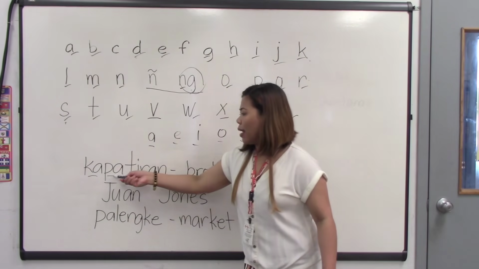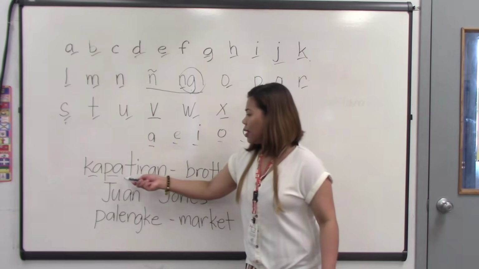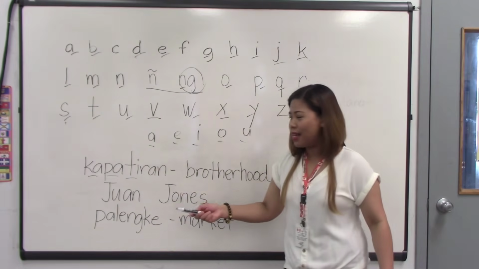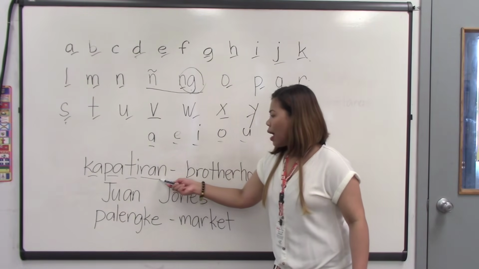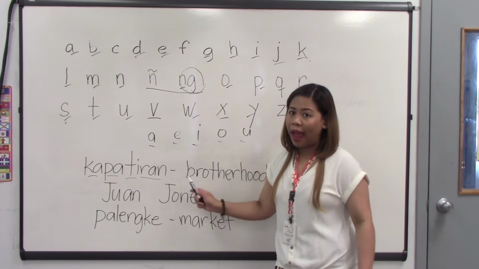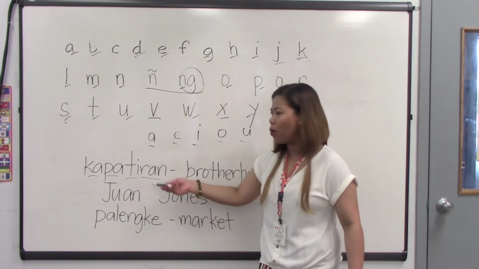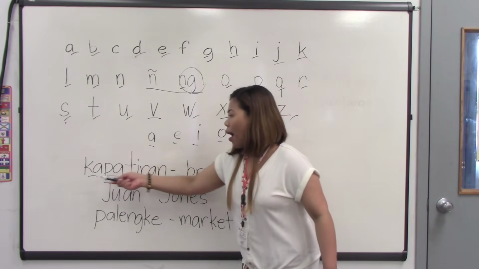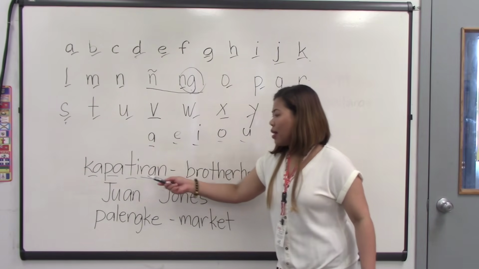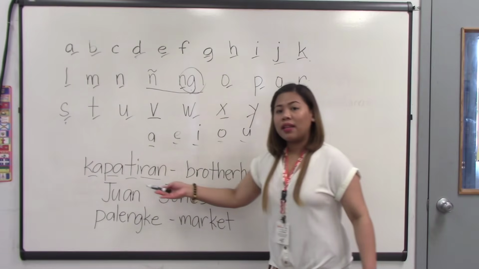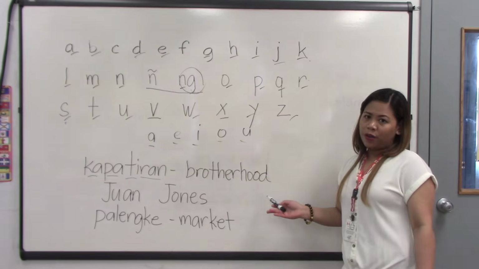And then P and A is pa. T and I is ti. R-A-N is ran, as in run, not ran. It's because we don't have a short A sound. It's just A, so ran. Ka, pa, ti, ran.